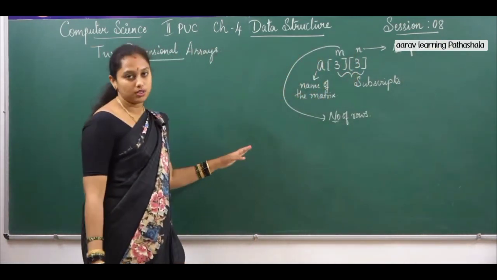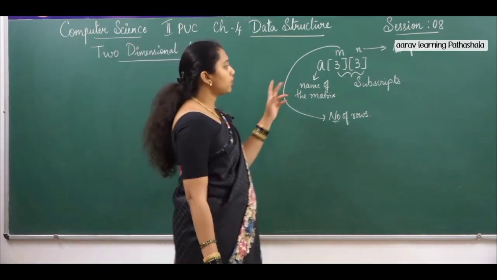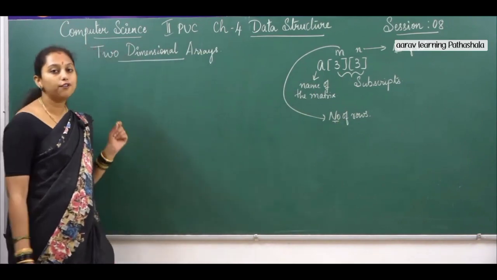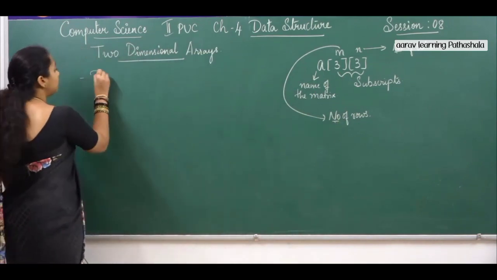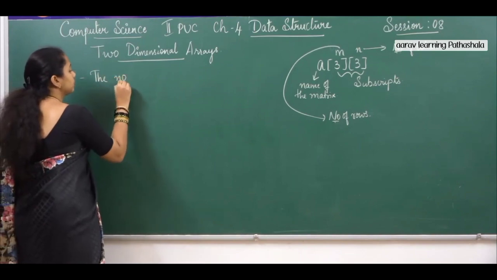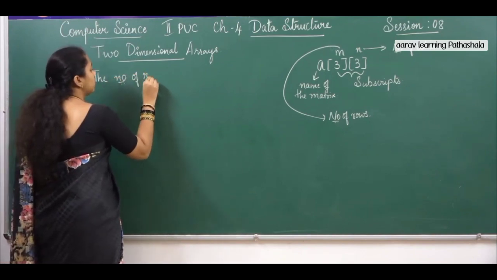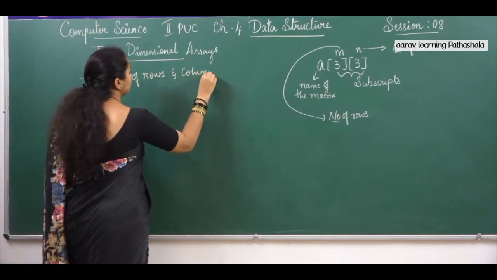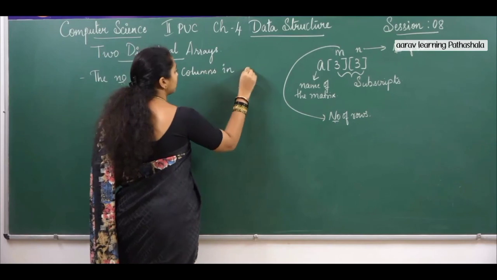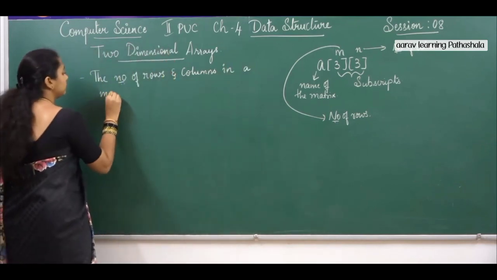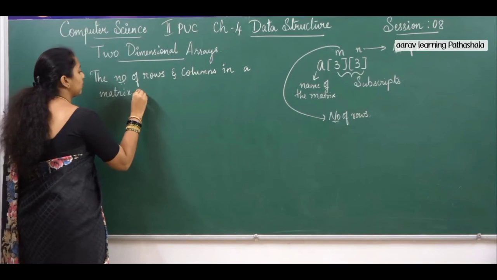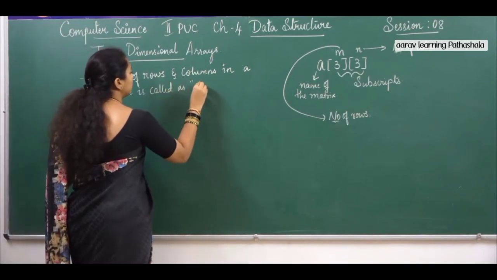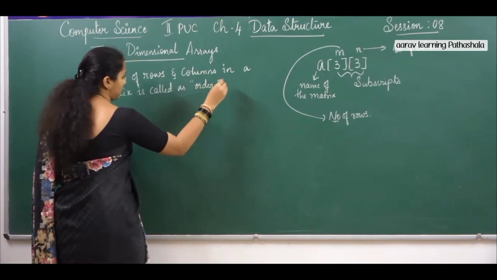The number of rows and columns in a matrix is called the order of the matrix.